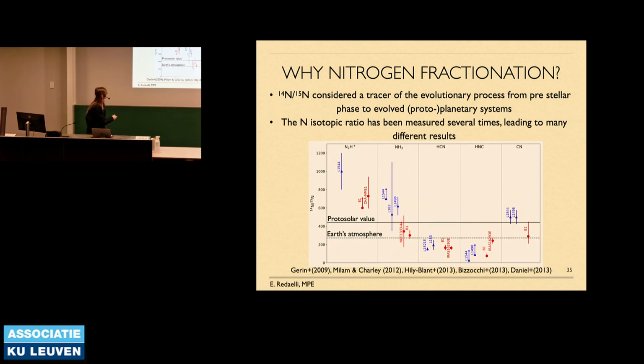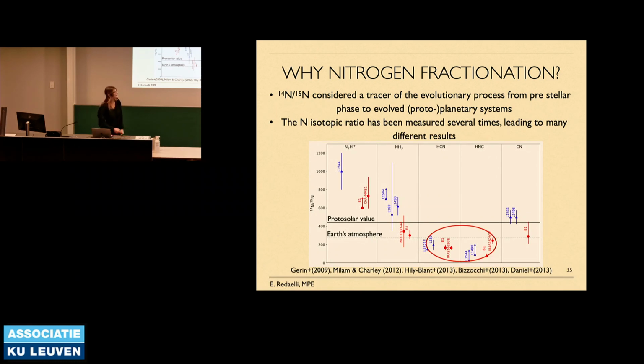And already in the Earth atmosphere, we are down with respect to the protosolar value by a factor of almost 2. This means that some chemical processing must have happened during the formation of Earth and its surrounding atmosphere. Then if you go to space, we see values scattered everywhere. Here in blue are pre-stellar sources, and in red, protostellar ones.